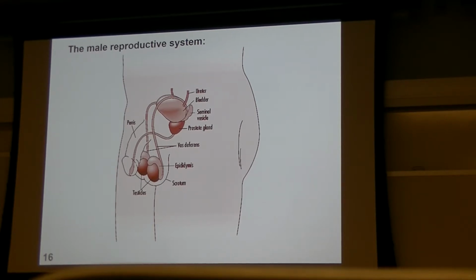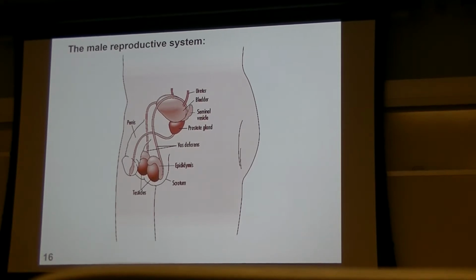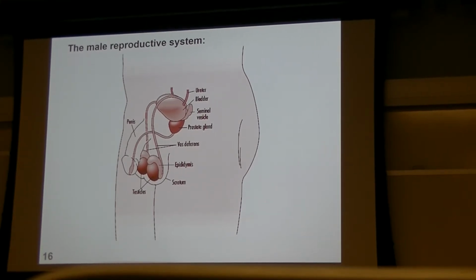Okay, and so according to the World Health Organization, typical sperm count for mammals would be on the order of 20 million sperm. So it's really a mind-boggling number of sperm that get transferred with every ejaculation, and one of those is hopefully going to be successful to fertilize the egg.